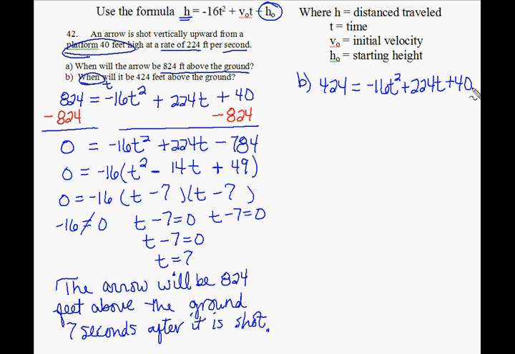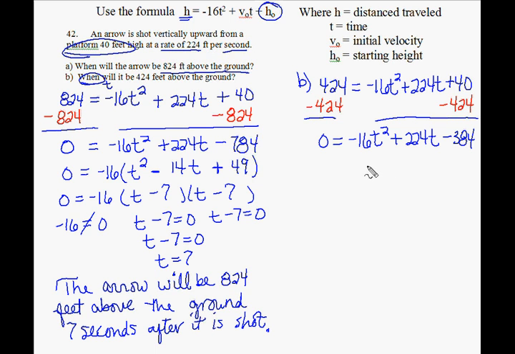And solving this equation, we would want to add a negative 424 to both sides of the equation, getting our all-important 0 on one side of the equation, since we have two different variable t's in the problem. And I think when we add a negative 424 to 400, we get negative 24.